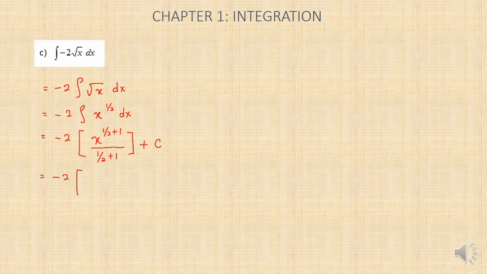So I have x power of 3 over 2 divided by 3 over 2. Okay, so negative 2 divided by 3 over 2, so I have negative 4 over 3, x power of 3 over 2 plus c. That's our final answer.